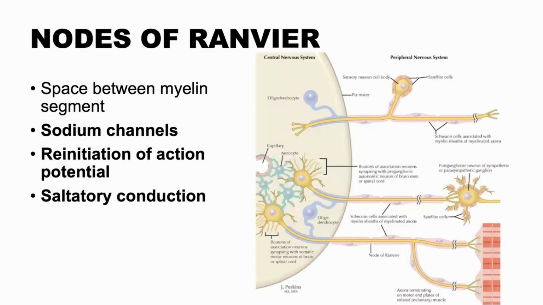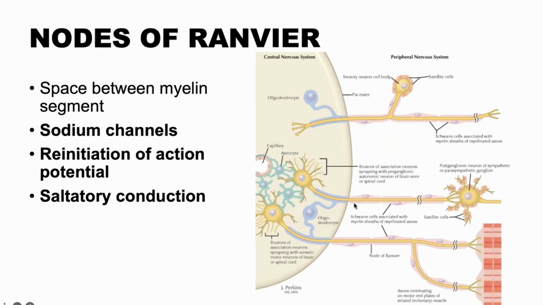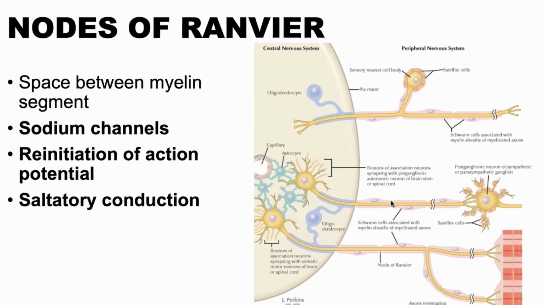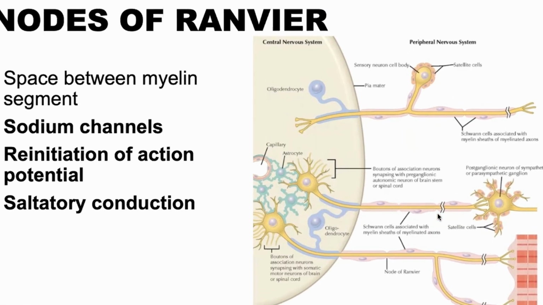Between these myelin sheaths, you have spaces, and these spaces you call nodes of Ranvier. So remember that the cells are myelinating segments, right? So this is one segment, one segment, one segment of the axon. The area here would be where you have the nodes of Ranvier.